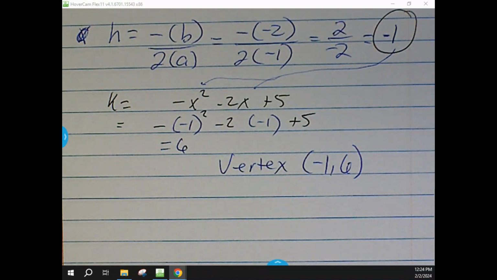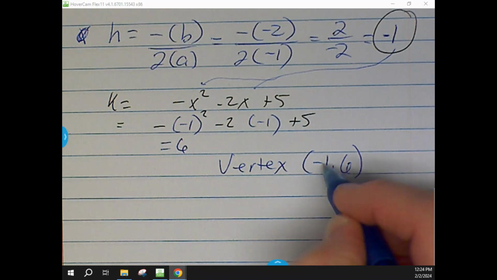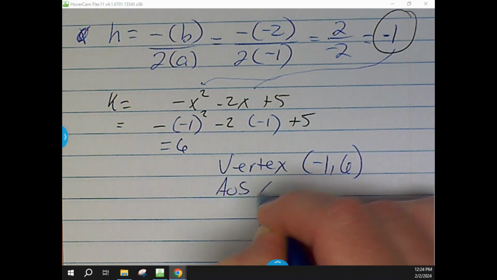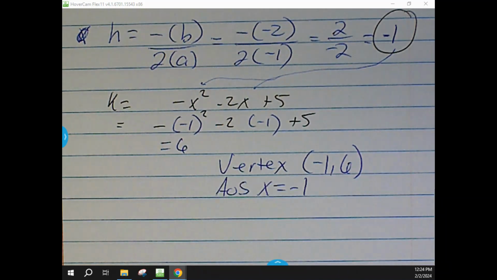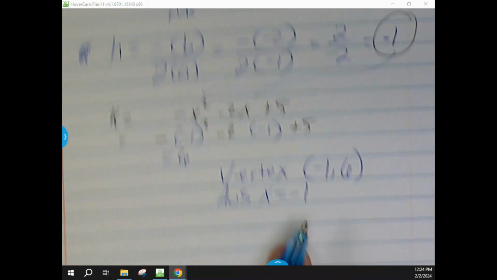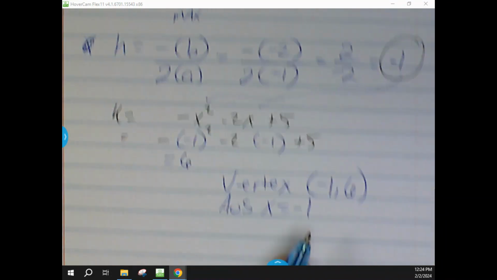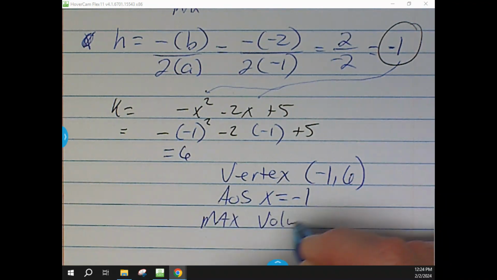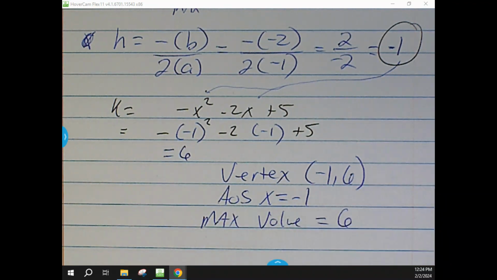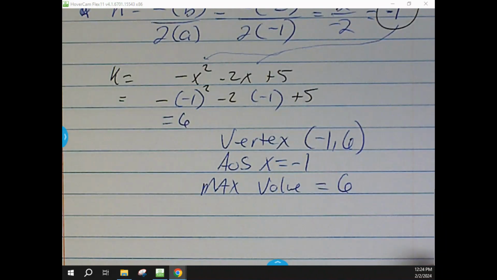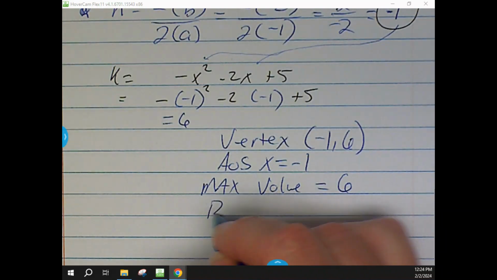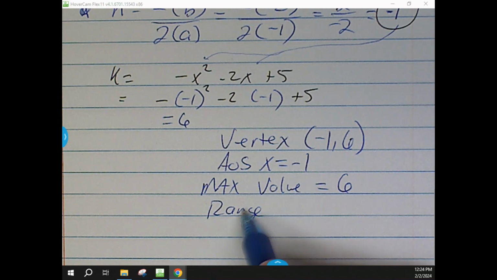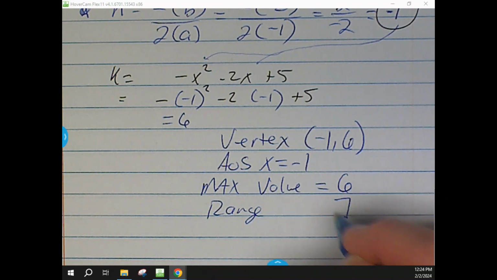Okay, again, that's got everything we need on it now. So again, this x value, that's the axis of symmetry. That's x equals negative 1. We said back up here, we knew that was a max value. So this is going to be a max value of 6. And again, that 6 is going to help us out with the range. If that's the max value, that's the biggest number.